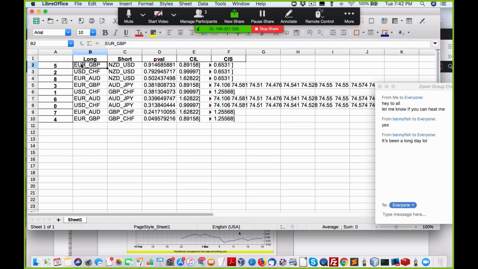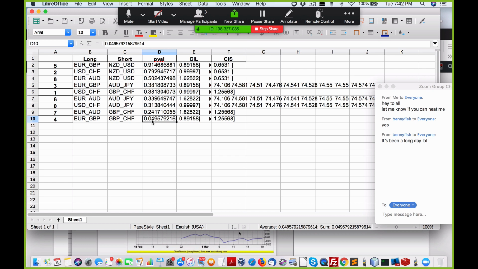And then I cross-reference each other to find the p-value, meaning if it's co-integrating or not. If it's less than 0.05, then yes, it means likely that long and short will co-integrate into the future.